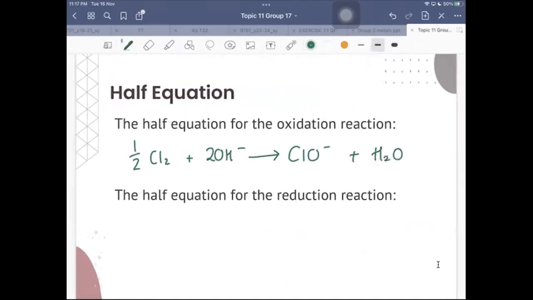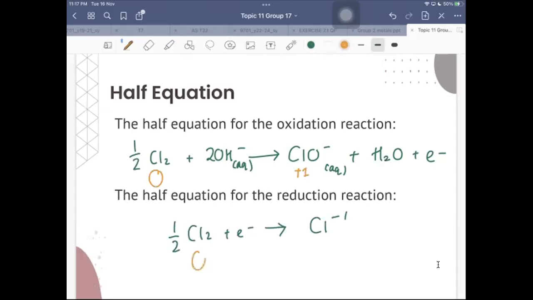Since it is oxidation, we lose electrons, so your electrons will appear on this side. Whereas your half equation for the reduction is when you gain electrons. So it's half Cl2 plus e minus to form Cl minus. The oxidation number is 0 in chlorine, +1 in ClO minus, 0 in chlorine, and -1 in Cl minus.